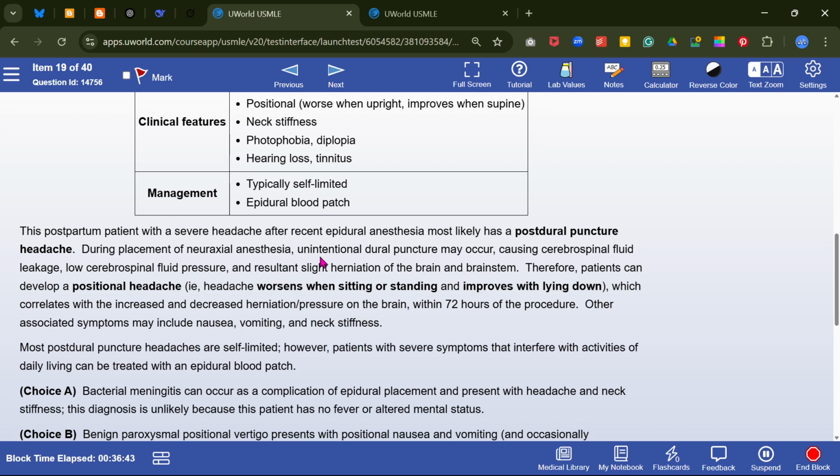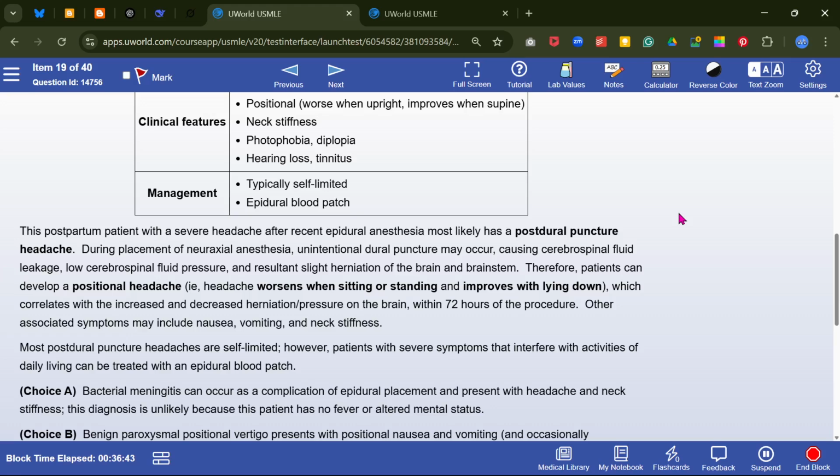During placement of neuraxial anesthesia, unintentional dural puncture may occur, causing CSF leak and low cerebrospinal fluid pressure, resulting in slight herniation of the brain and brainstem.